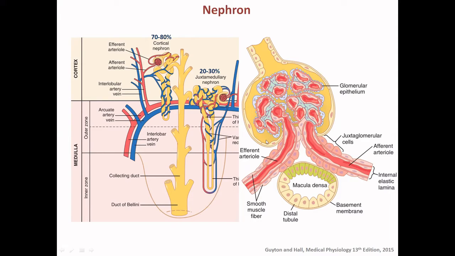Okay. So here we know that there is the proximal tubule, that is just coming out from the glomerulus. Then there is the loop of Henle, then there is a distal tubule.